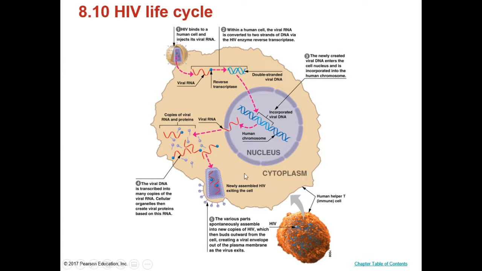Now, there are differences between different viruses in terms of how they make copies of themselves. HIV actually has to obtain a piece of the membrane of the host cell, and in that manner they can actually leave. They can be exocytosed from the host cell.